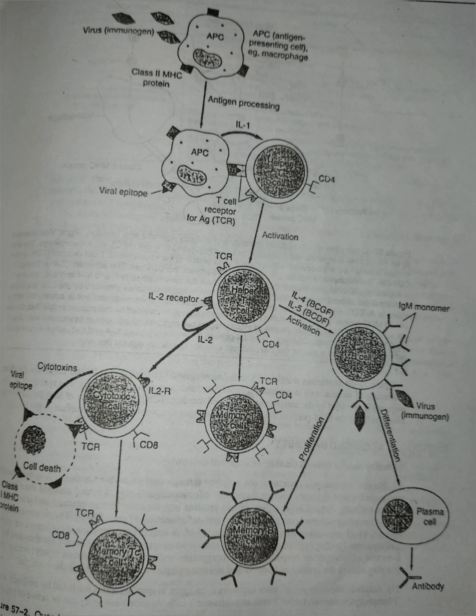So the cells that are involved in the specific immunity include the APCs, which are the antigen-presenting cells. These cells include macrophages, dendritic cells, and B cells. Next, we have T cells. T cells are further categorized into two types on the basis of specific types of receptors that are present on their surface. There are some T cells which are known as CD4 cells.